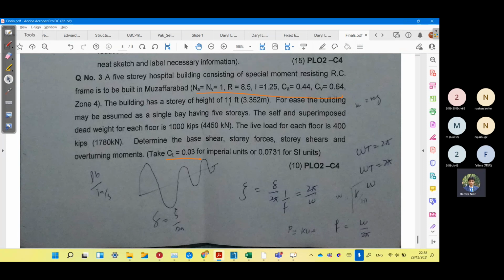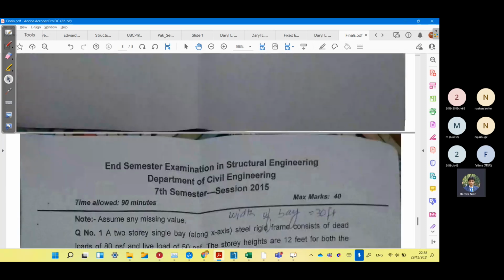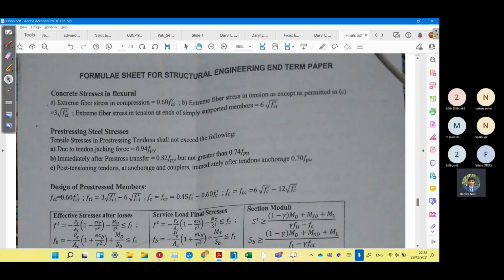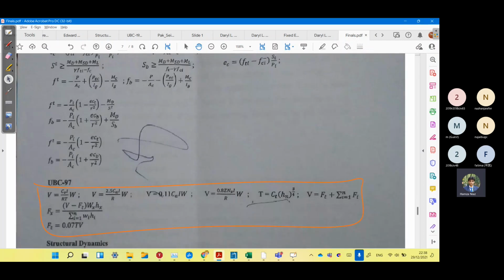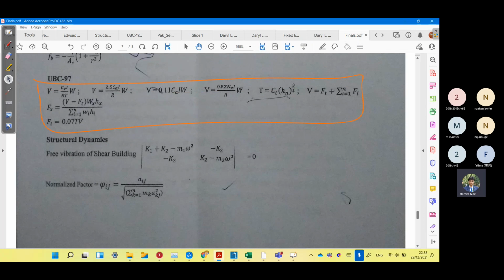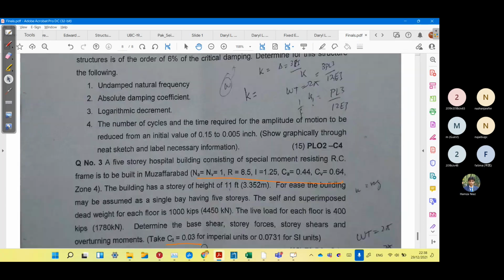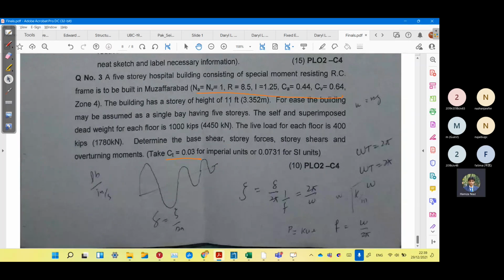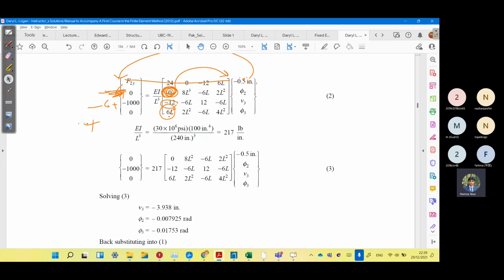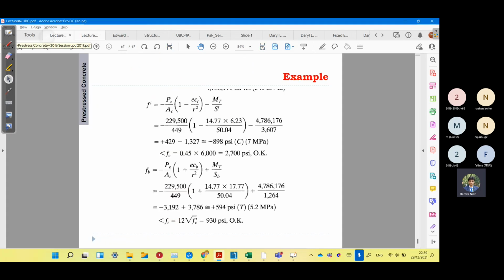Actually, the formula sheet was provided with the paper, but sir was saying that they will not provide it this time, so we have to memorize it. So these formulas we have to memorize. These values would most probably be given.